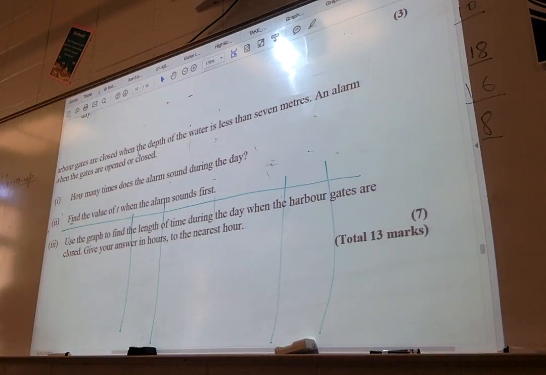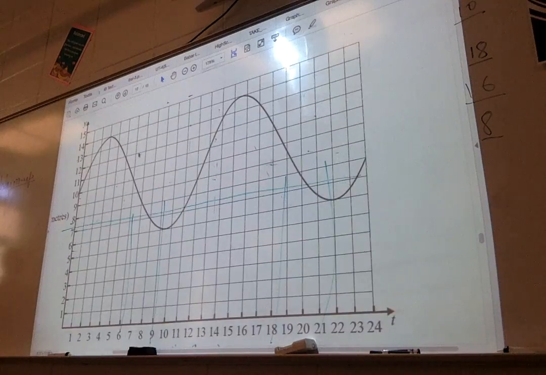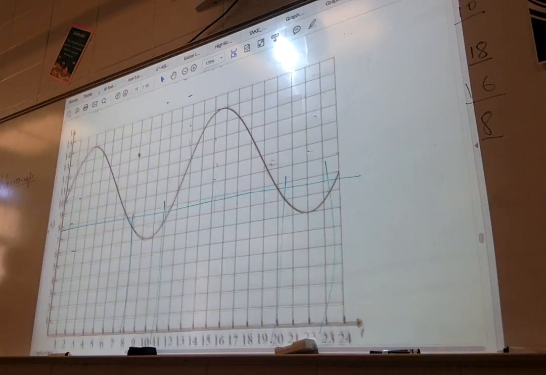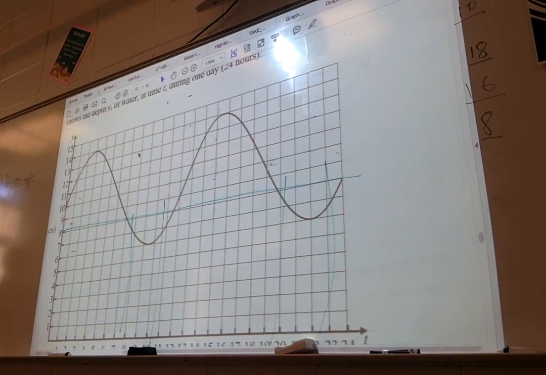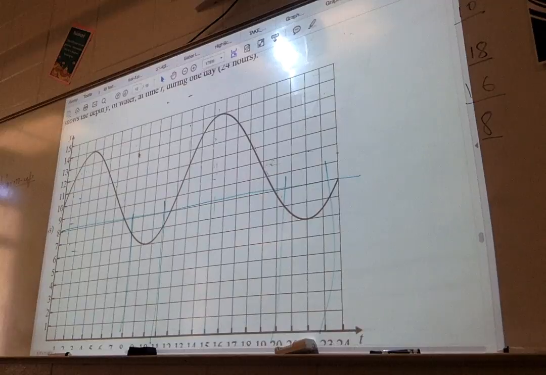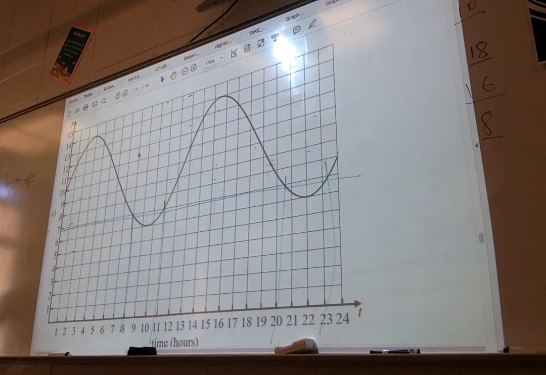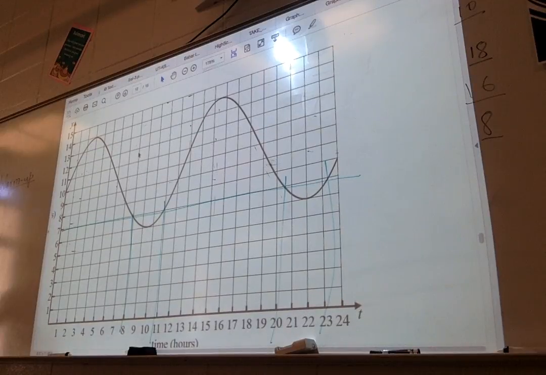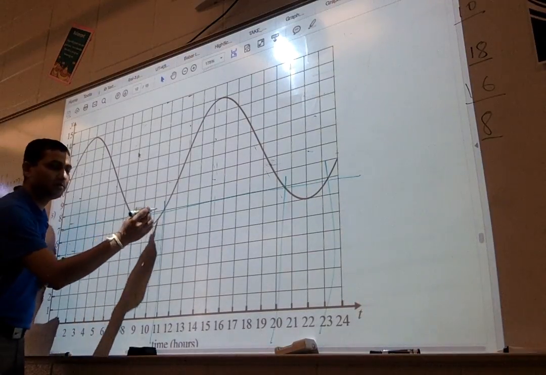Use the graph to find the length of the time during the day when the harbor gates are closed. Give your answer in hours to the nearest hour. So this is the length of the time the harbor gates are closed.